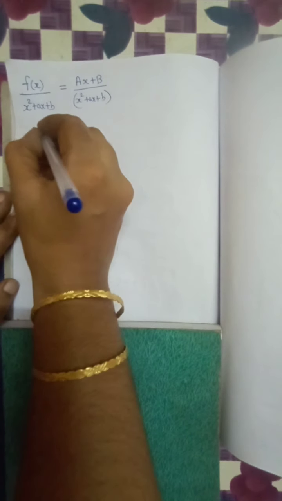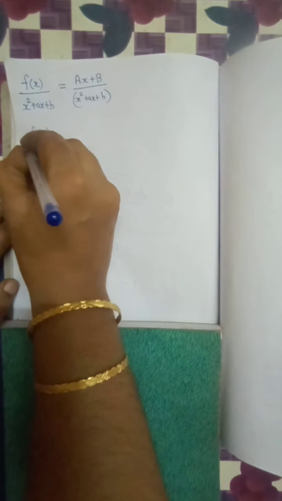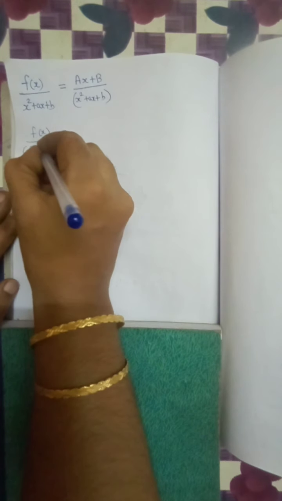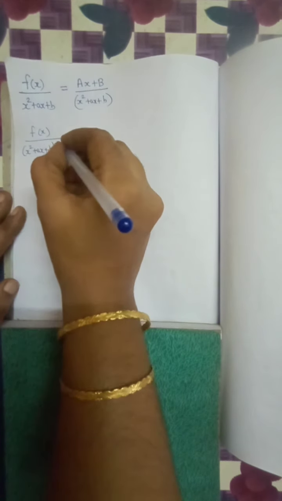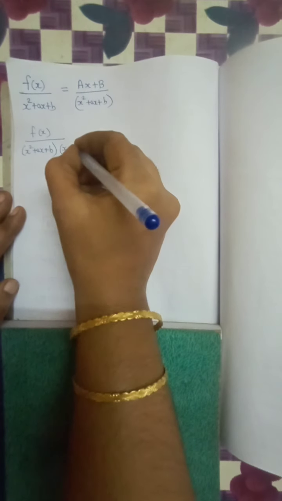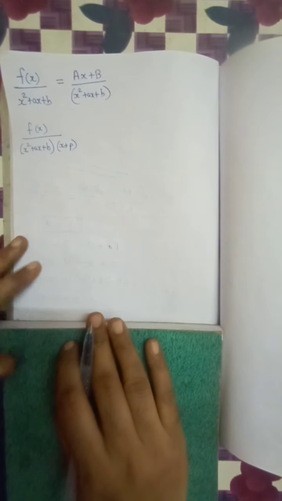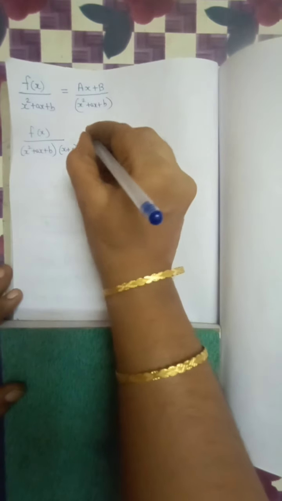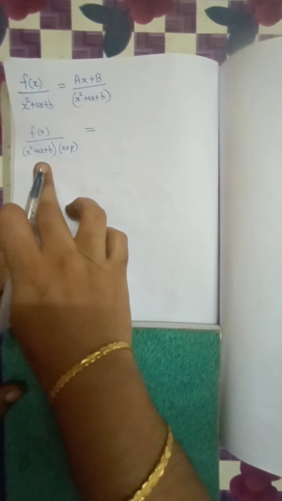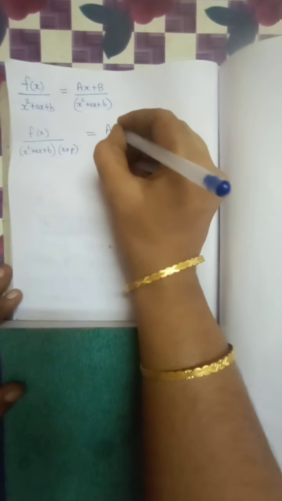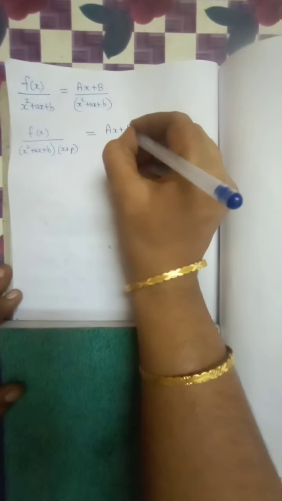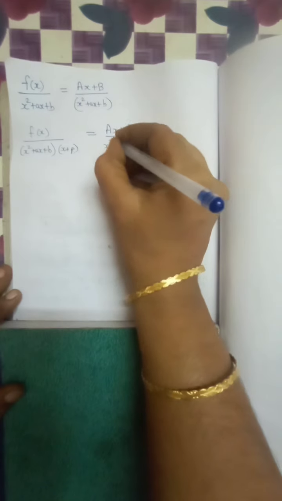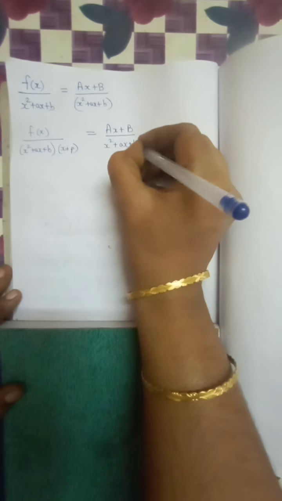Suppose I have f of x and I have a quadratic equation in the denominator plus a linear factor. Now I have to resolve this into partial fractions, which means since the first term is a quadratic equation, I have to write it as ax plus b by x square plus ax plus b.